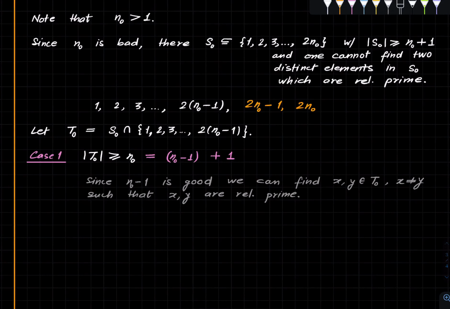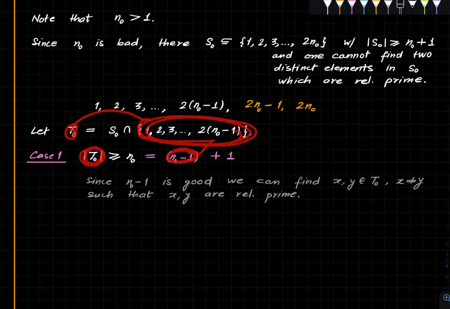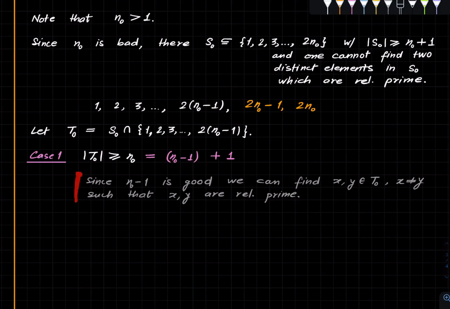So we are using the goodness of this guy and the fact that the cardinality of the set T naught... first of all, T naught is a subset of twice of this good natural number, and its size is at least 1 plus this good natural number. So therefore the goodness of n naught minus 1 is applicable here. So this is just a consequence of the goodness of n naught minus 1.